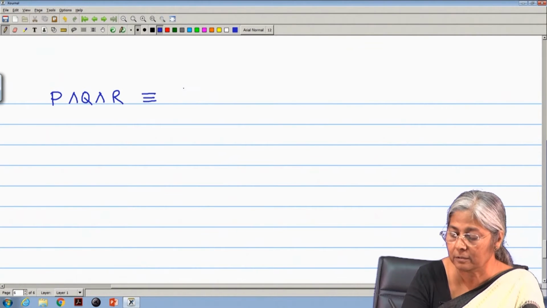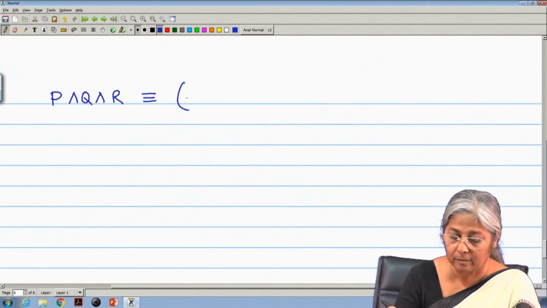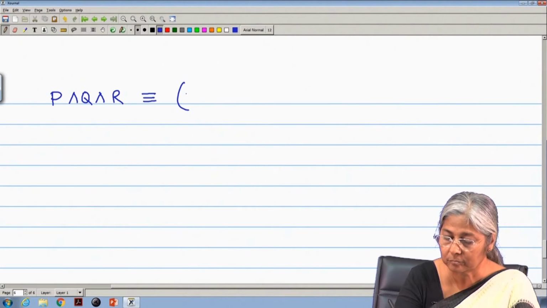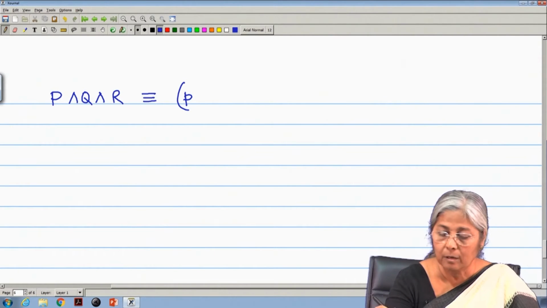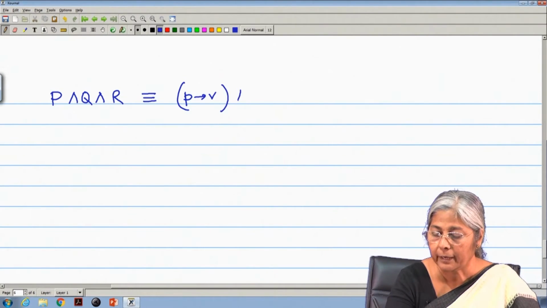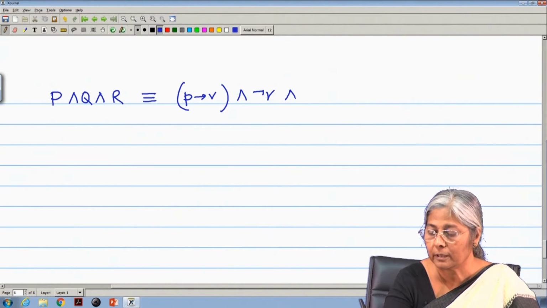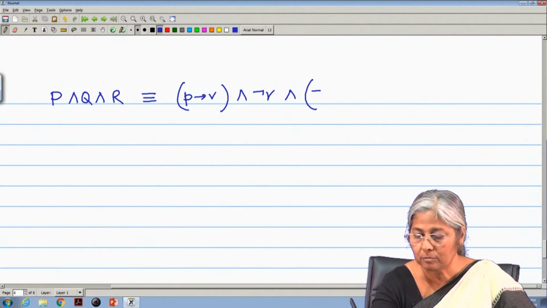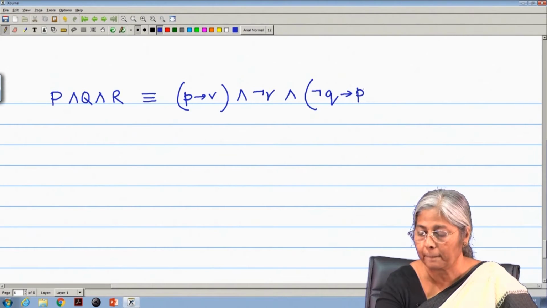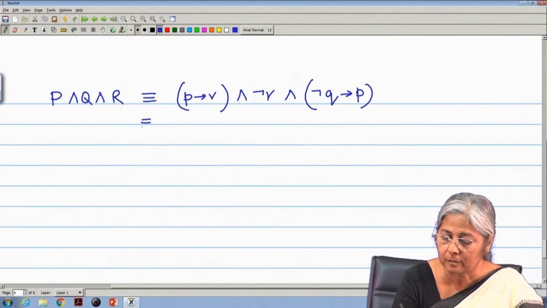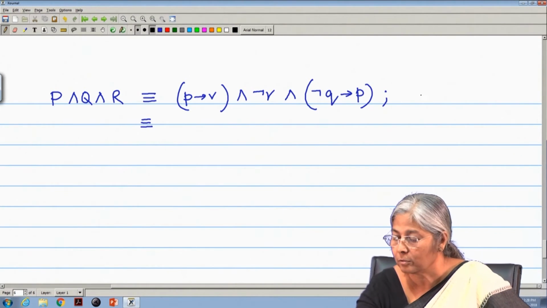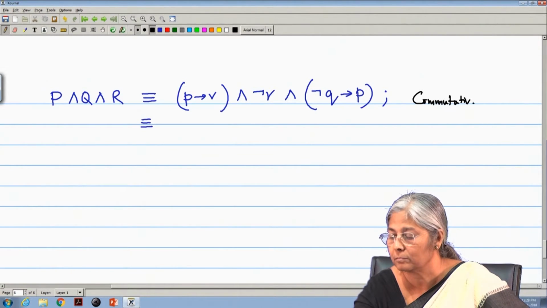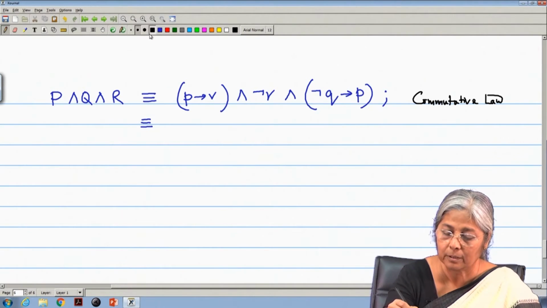This is equivalent to p implies r and negation r and negation q implies p. So, we have applied our commutative law.